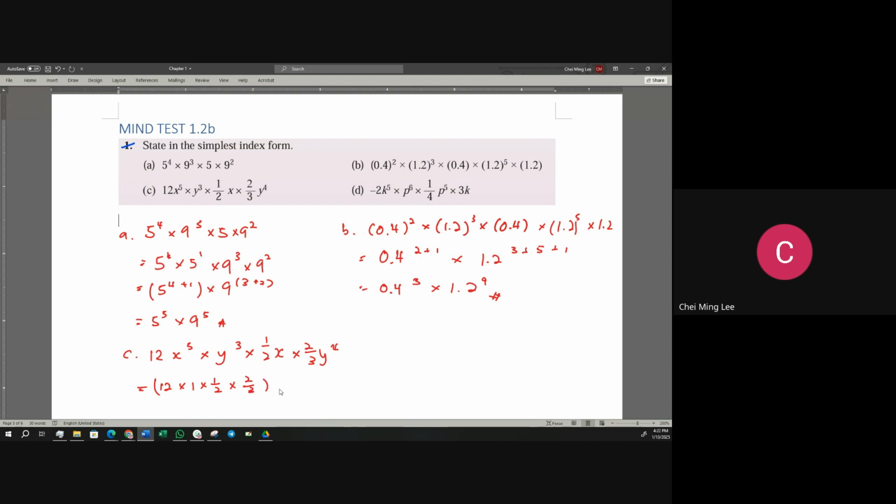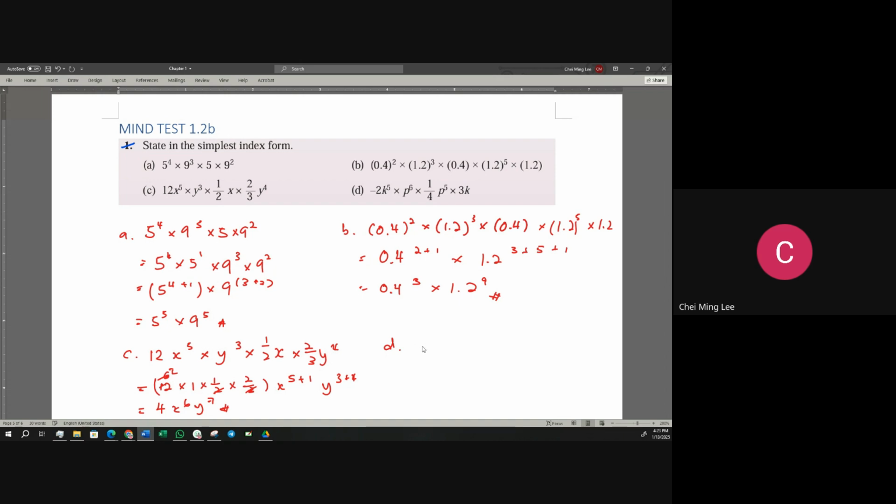Then for x, we have 5 plus 1, multiplied by y to the power of 3 plus 4. So for the numbers, 12 times 1 times 1 times 2 over 2 times 3 becomes 4. So 4x to the power of 6, y to the power of 7. I think this should be the answer.